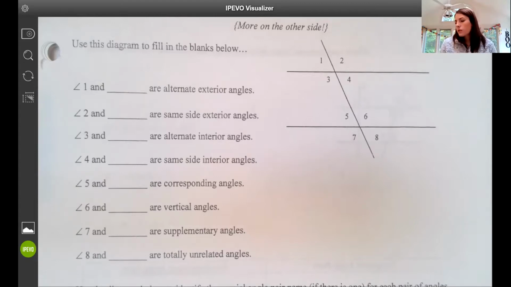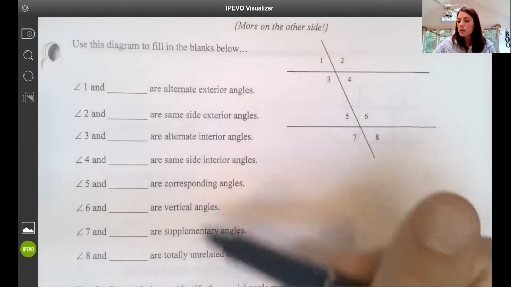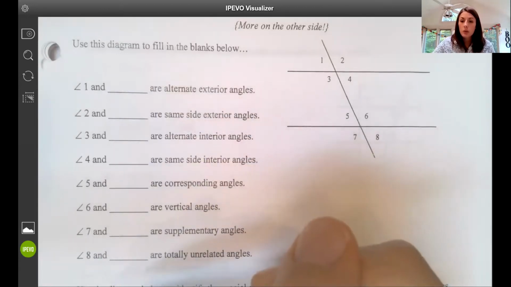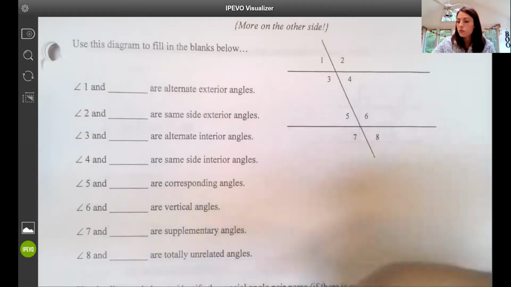Okay. So I have a pen that I can erase with. You may want to use a pencil and kind of erase as we go. We're going to just fill in, given the relationship it says here, the other angle for the pair.